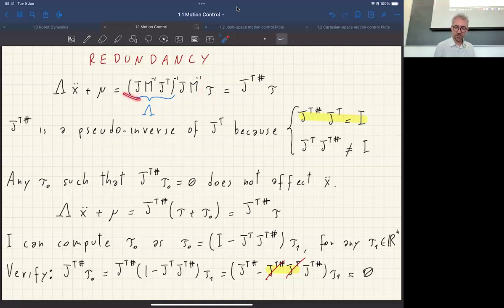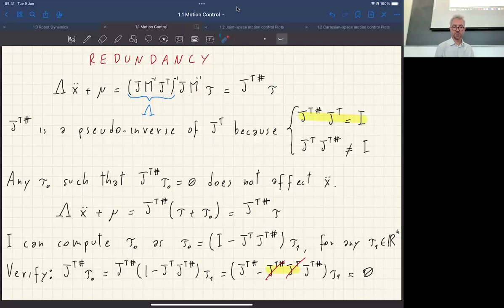So this expression here that is pre-multiplying tau, I'm going to call from now on J transpose sharp. This sharp symbol is used in the robotics literature to represent a specific kind of matrix pseudo-inverse. And the reason is that this matrix here is actually a pseudo-inverse of the matrix J transpose.